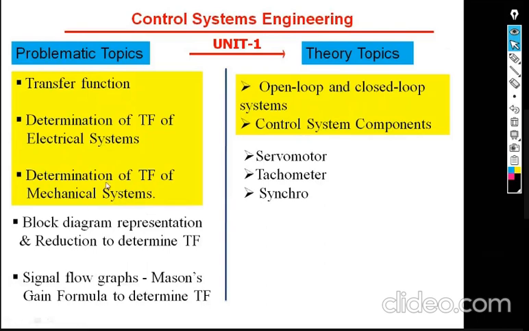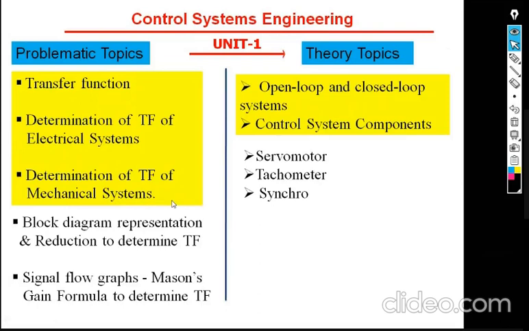And remember all of you, in addition to the determination of transfer function of mechanical system, in the previous class I gave you a brief idea about how to determine an analogous electrical system for the given mechanical system.